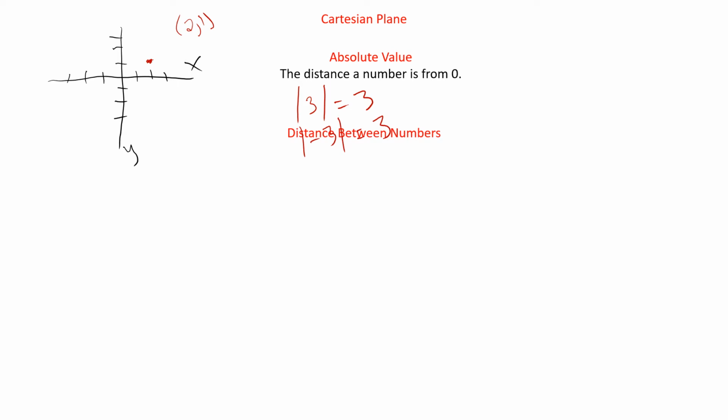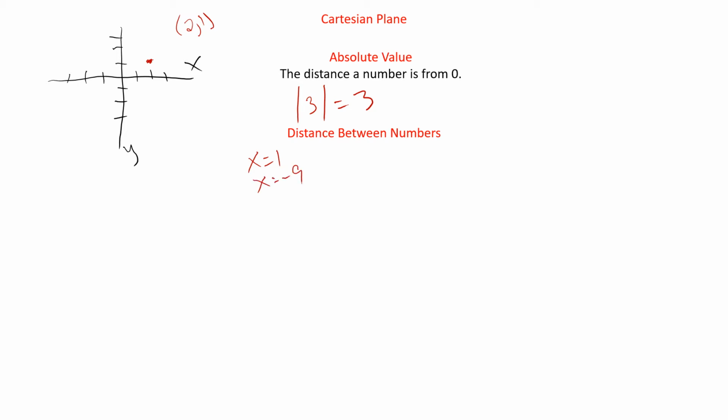The distance between numbers, let me erase one of these. I didn't have quite enough room there. So the distance between numbers. This isn't the distance between points. This is the distance between numbers. Like, how far is it from x equals 1 and x equals -9?